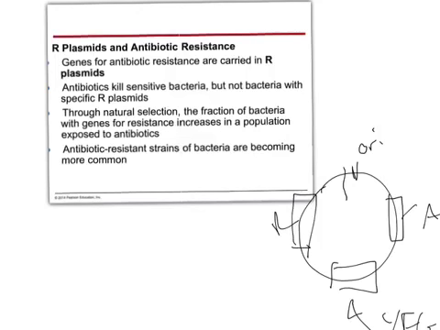Resistance gene. What did we use for an example of resistance on Monday? MRSA, right? Methicillin-resistant Staph aureus. And they're becoming more common. Why are antibiotic-resistant bacteria becoming more common? What's one reason? Overuse of antibiotics.